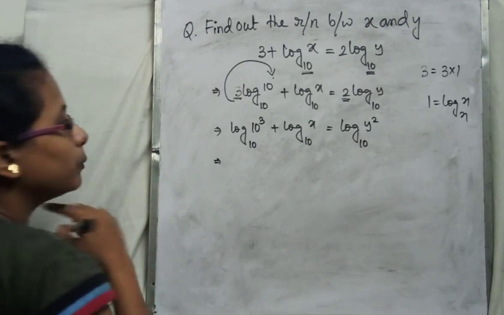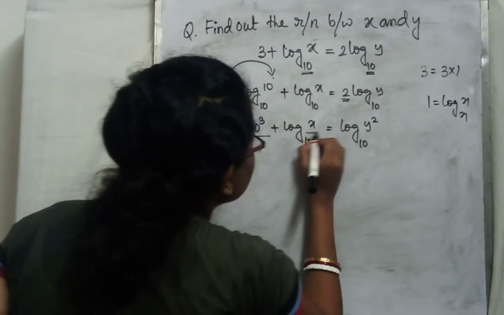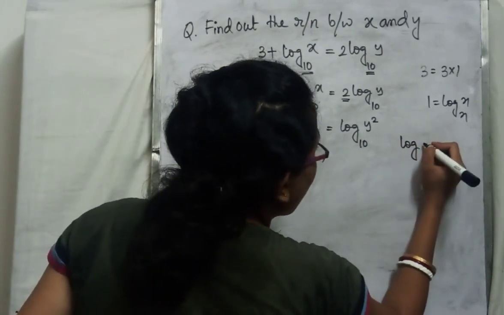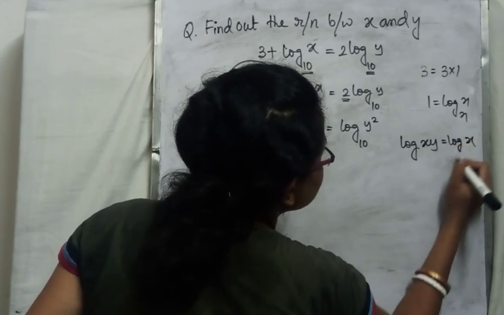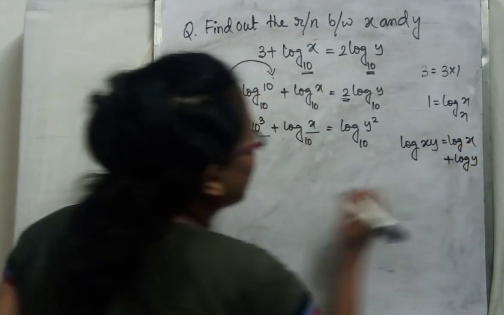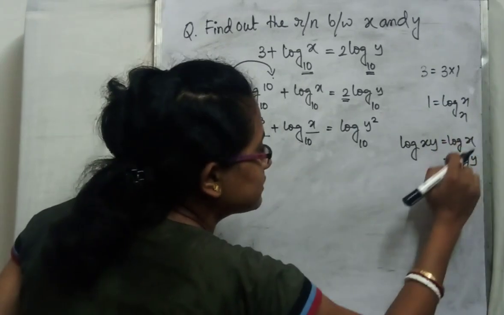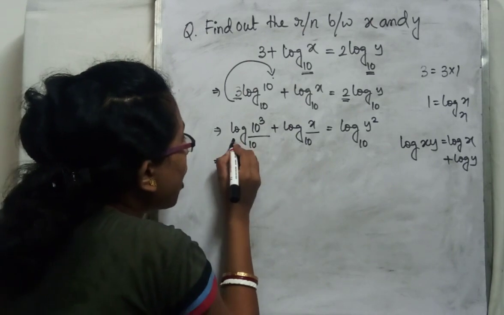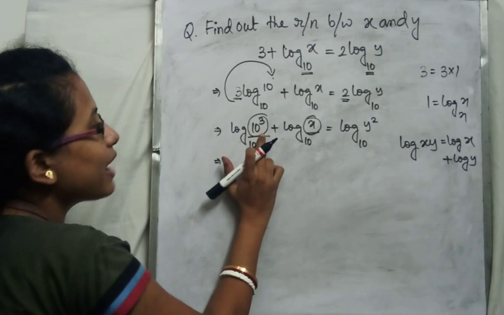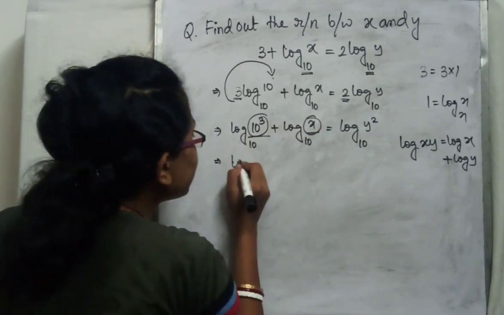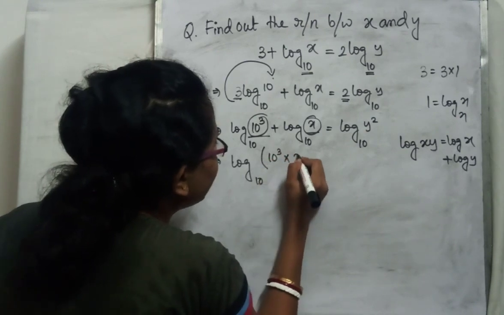Okay. Now, next thing, log something plus log something. That means log xy equals log x plus log y. We know by the formula of logarithm. So now we have log x plus log y. Where? There. Log x plus log y. So we can write here x into y.